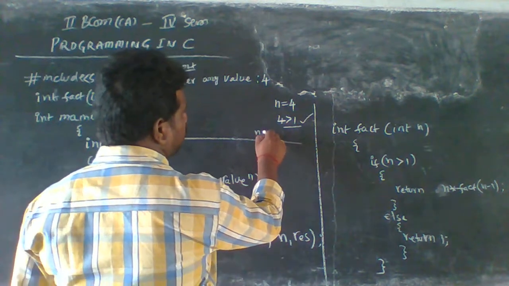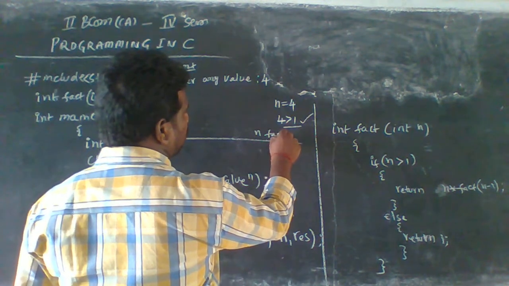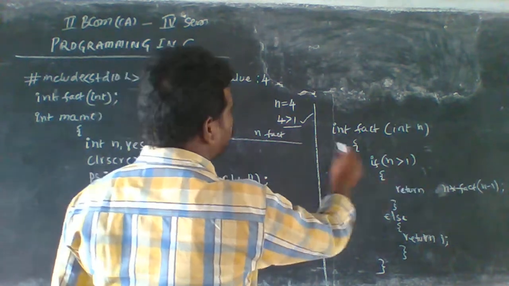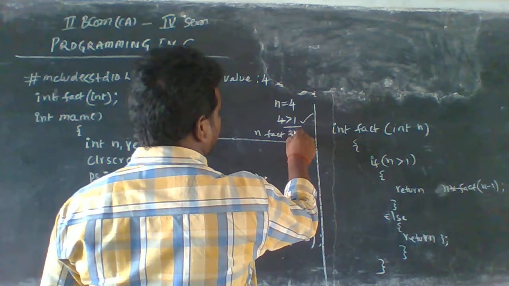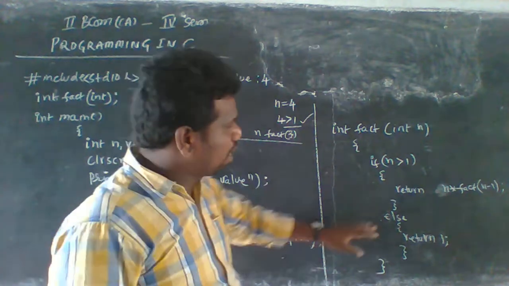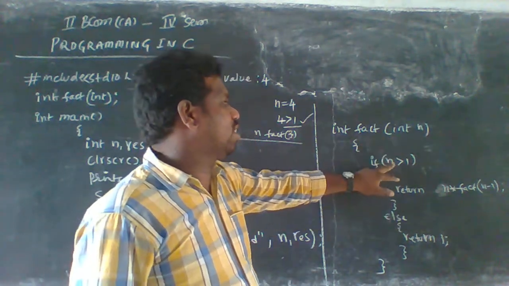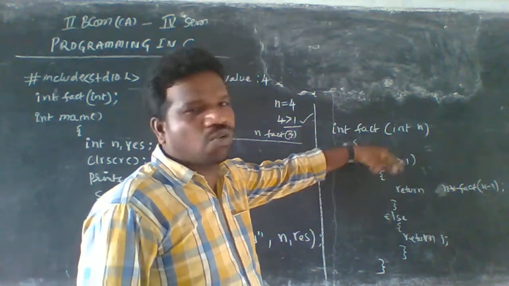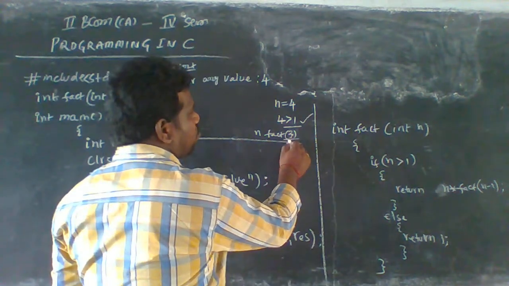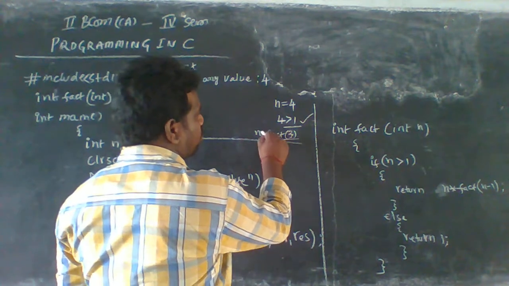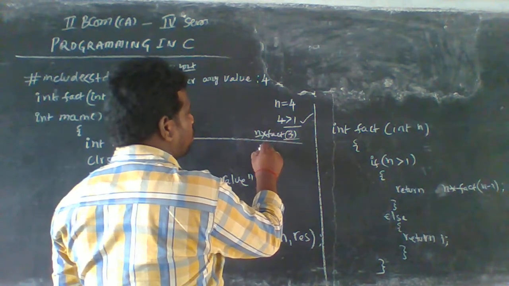n into fact of n minus 1 means what here? 4 minus 1, that is 3 here. Okay, and it is going to be called again and checks the values again, and this process keeps going. Fact up to 3 means, n value means what here, 4.